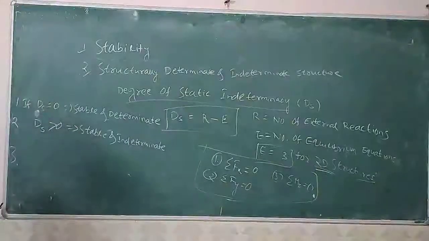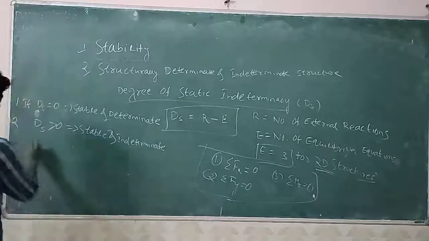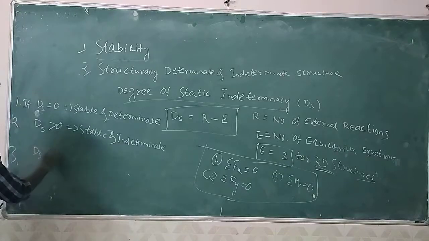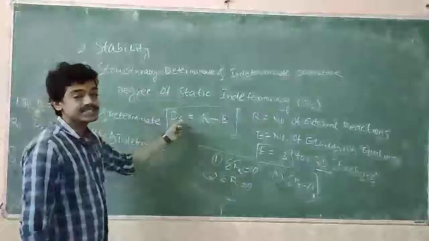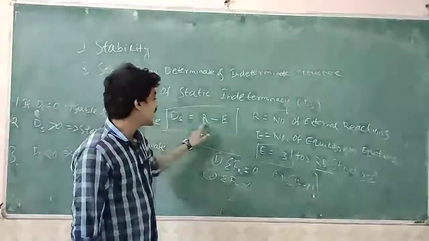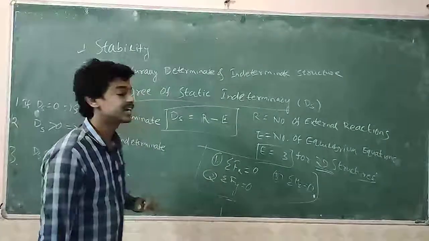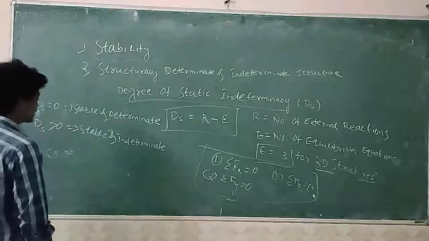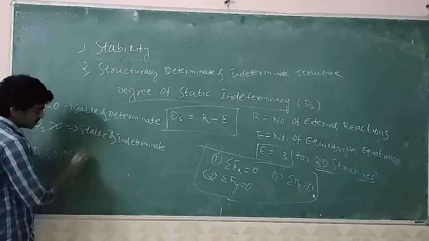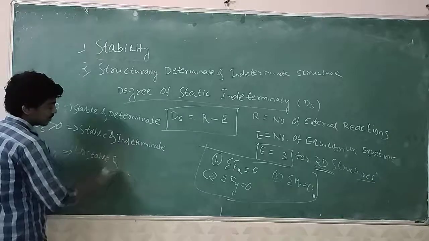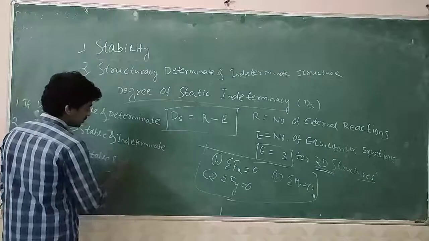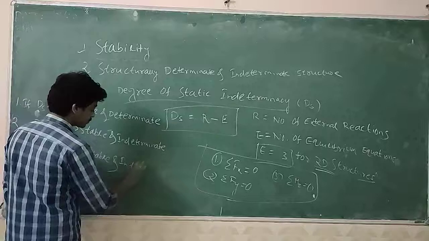Now for the remaining case, ds should be less than 0. If you are getting ds less than 0, it is the worst case. The structure is unstable in that case and the structure is also indeterminate.